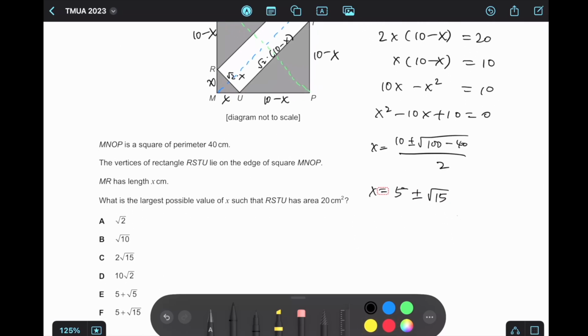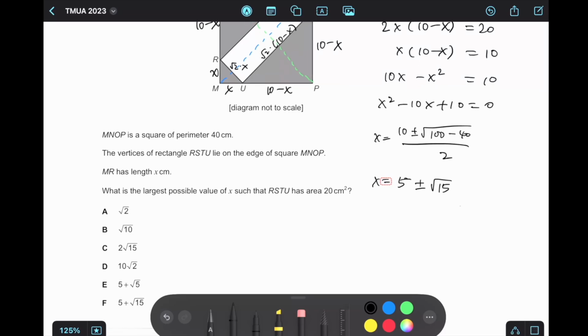And since the question asks for the largest possible value of x, we obtain the largest possible value is 5 plus root 15. So that's option F.